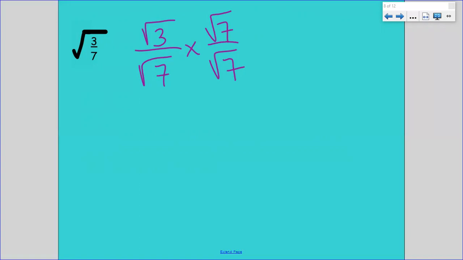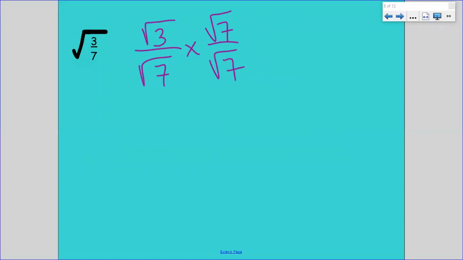Yeah. So the square root of 7 times the square root of 7 leads me to the square root of 49. Wait, but isn't that just 7? Yes. A shortcut way of thinking about it, guys, is when you multiply a square root by a square root of the same number, you end up with just that number.